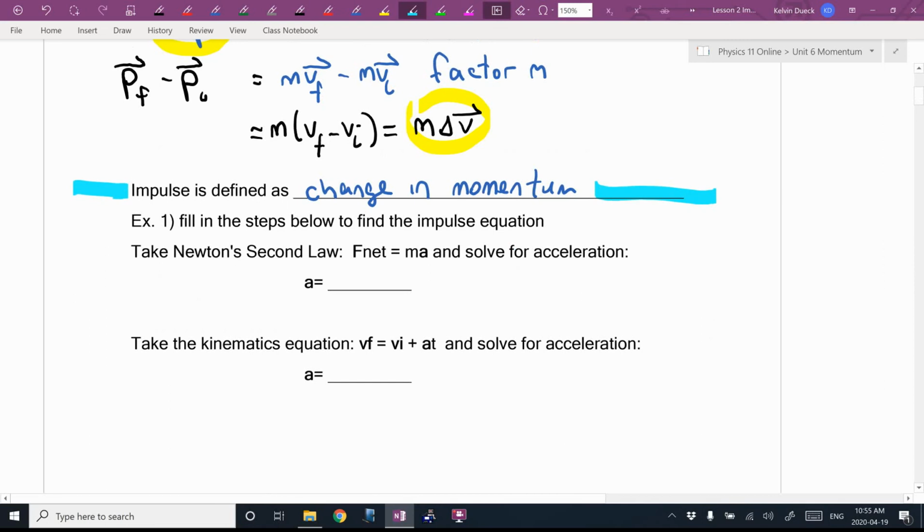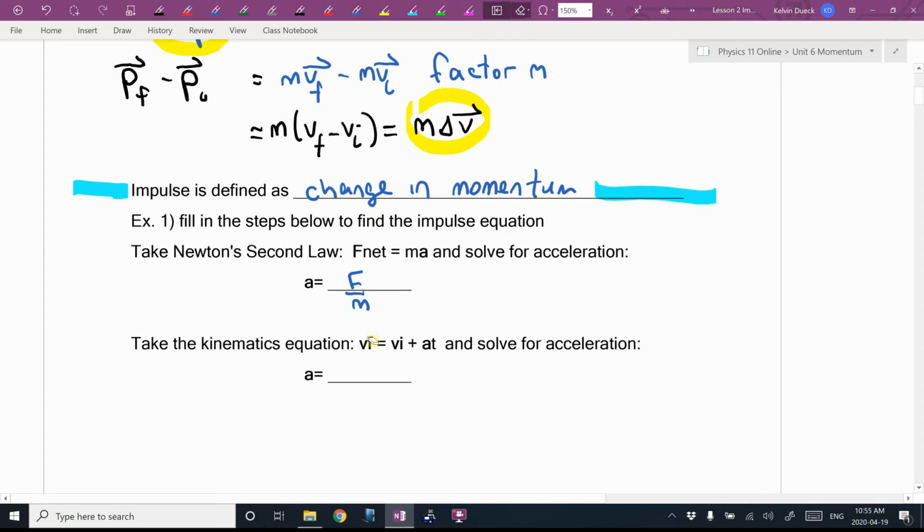Example 2 says, fill in the steps below to find the impulse equation. So we're going to start out with Newton's second law, F equals what, ma, and we're going to get the a by itself. That will give us a equals F over m. Acceleration is force divided by mass.